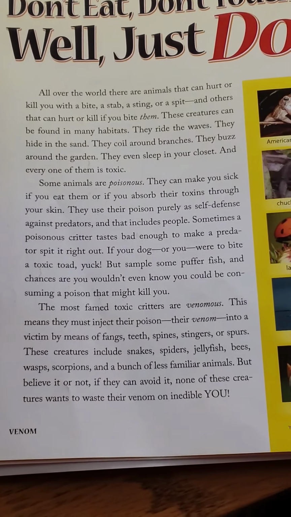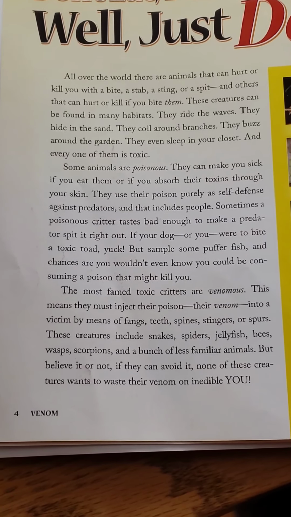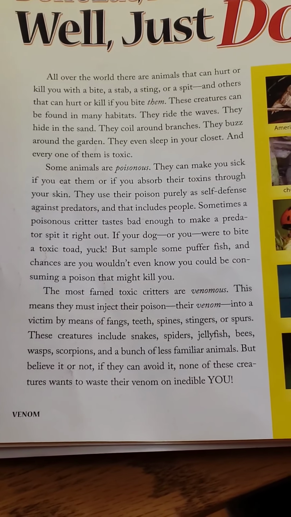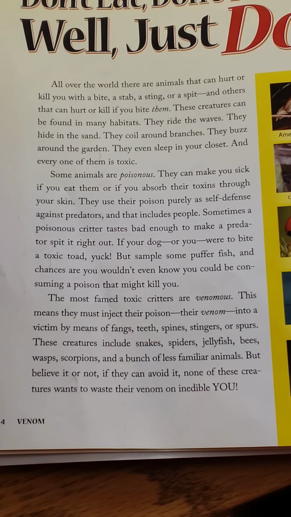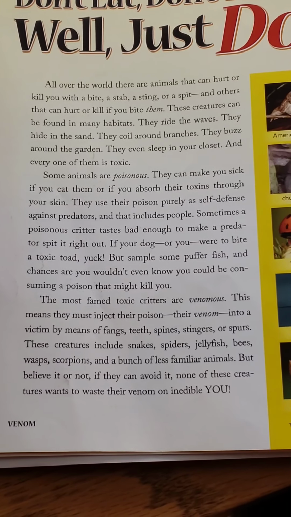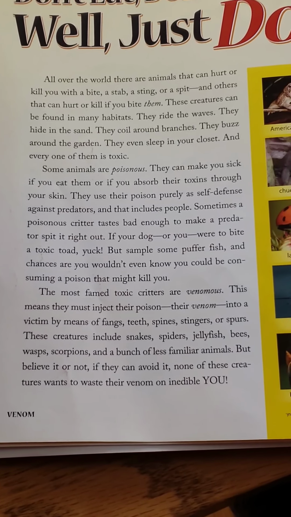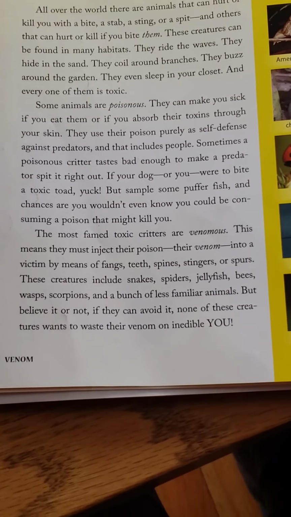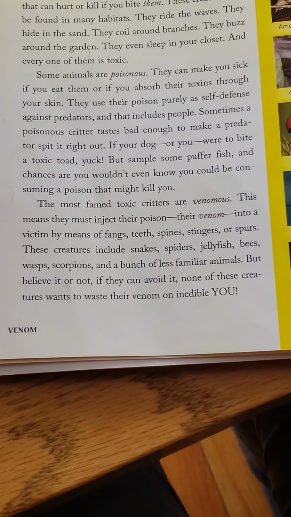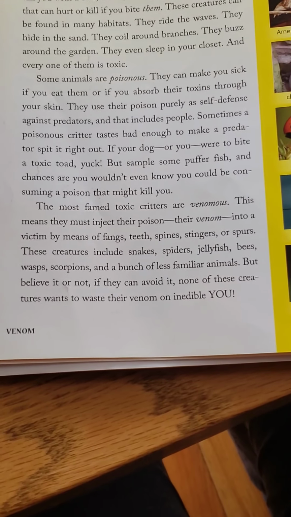Sometimes a poisonous critter tastes bad enough to make a predator spit it right out. If your dog or you were to bite a toxic toad, yuck. But sample some pufferfish, and chances are you wouldn't even know that you could be consuming a poison that might kill you. Ugh. The most famed toxic critters are venomous.